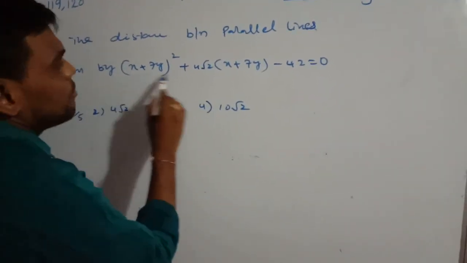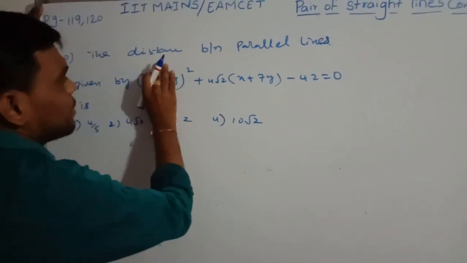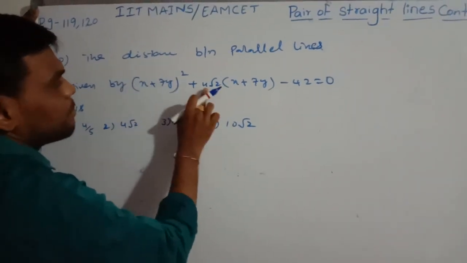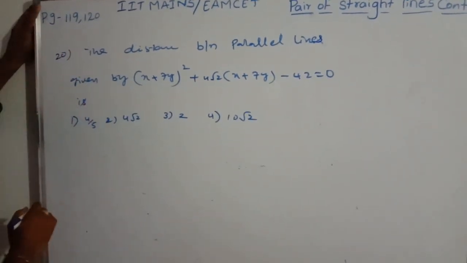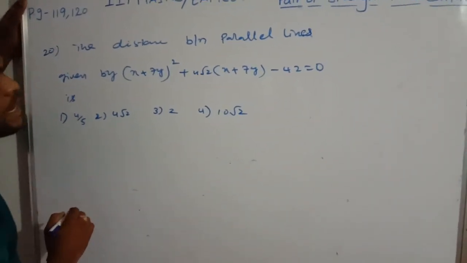We observe the equation ax square plus bx plus c is equal to 0. This is the quadratic equation. Now first we find factors.